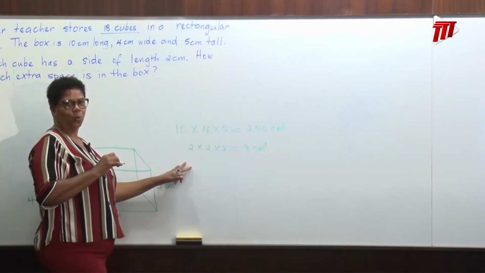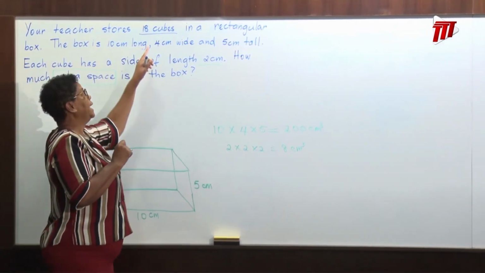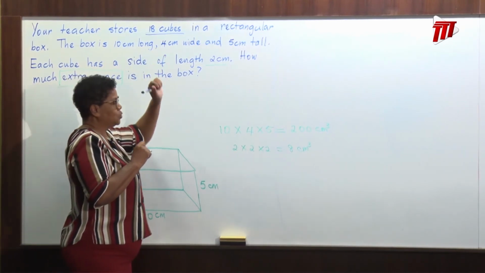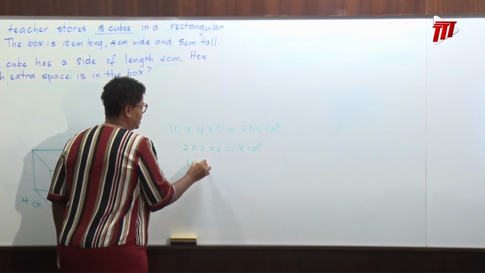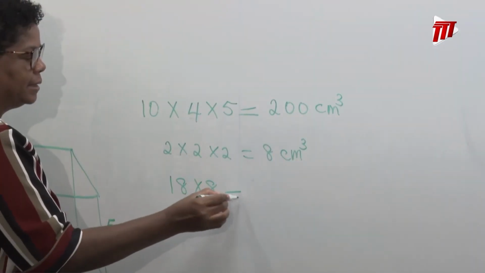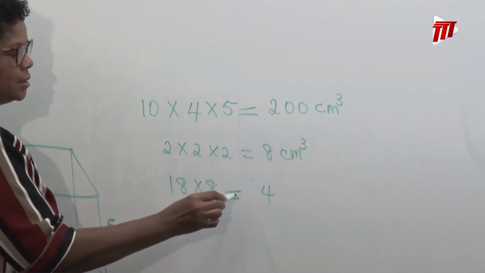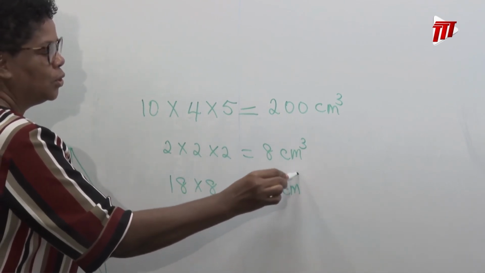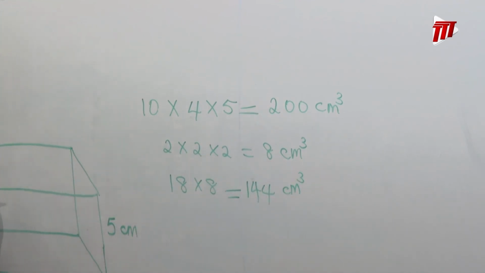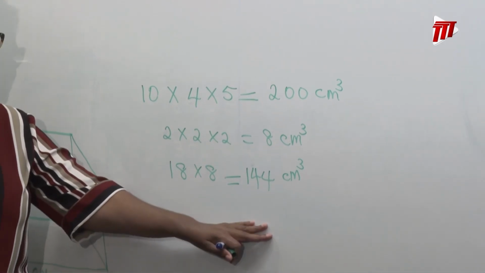That's for one of the 2 centimeter cubes. The box has 18 of them. So we're going to multiply our volume by 18. 18 multiplied by 8 is 144 cubic centimeters. So that's the volume of the cubes in the box.